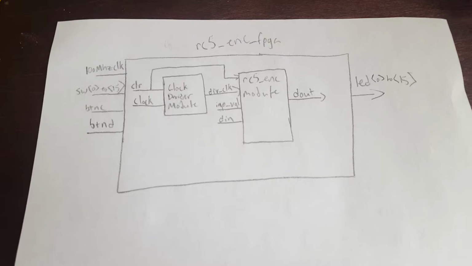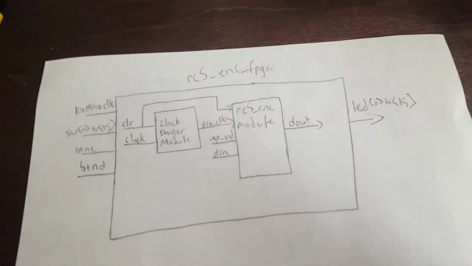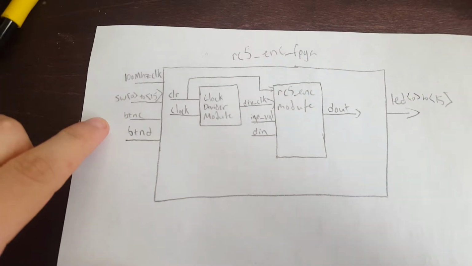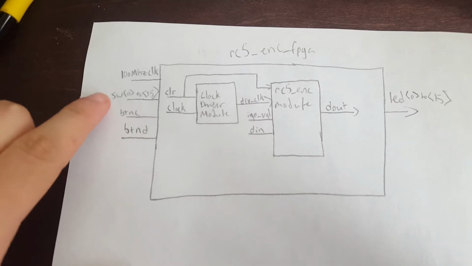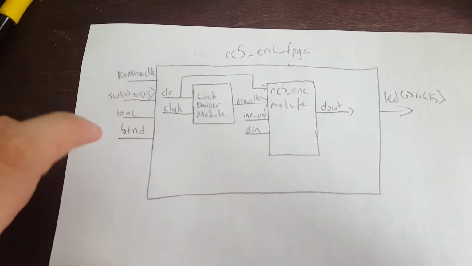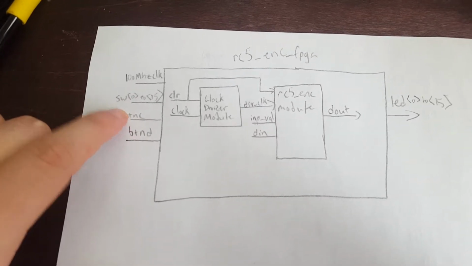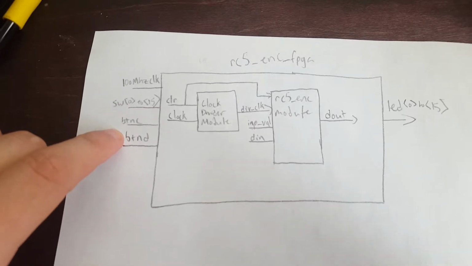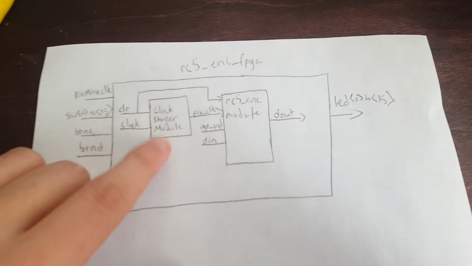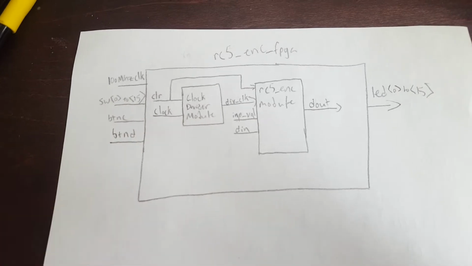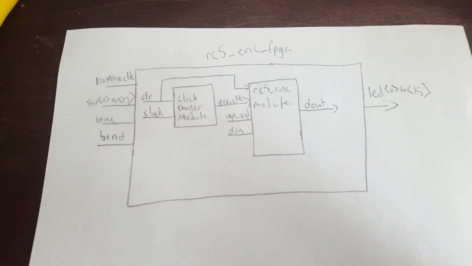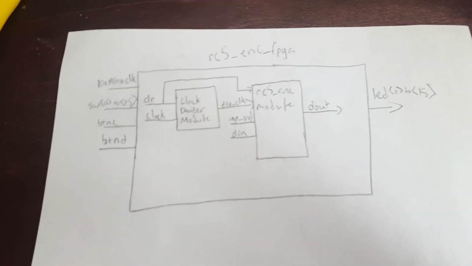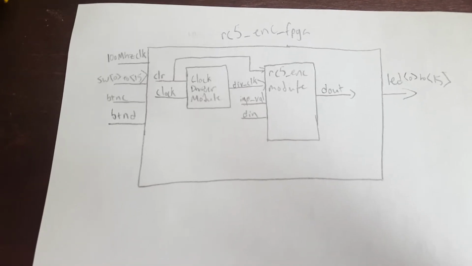So the idea was that for our FPGA board, we take in the clock, so the 100 megahertz clock, 16 switches, and then 2 buttons. I was also including my clock divider module, which I used in the last lab. It just outputs a divided clock so that we can actually see the inputs.